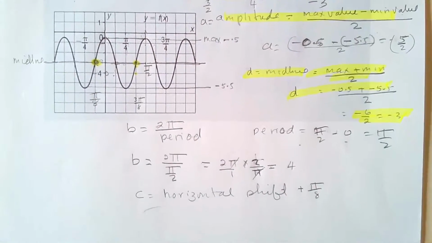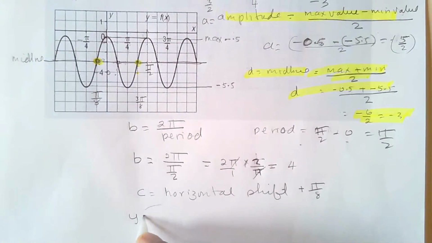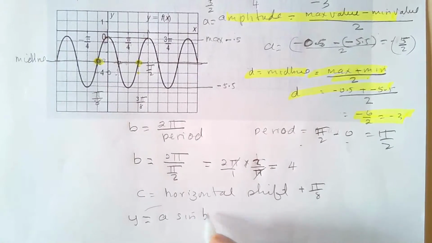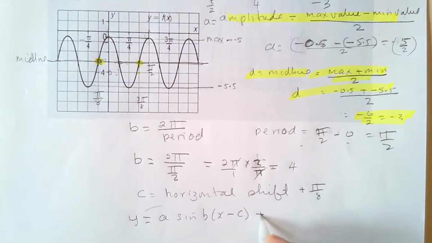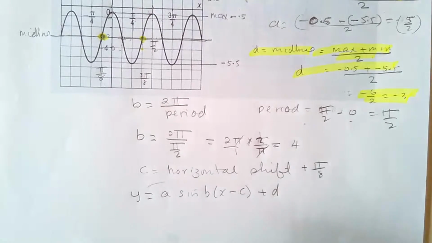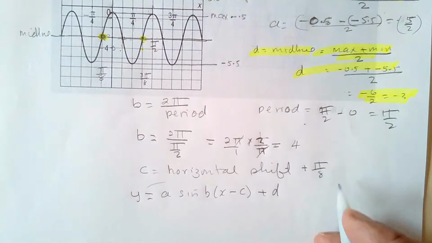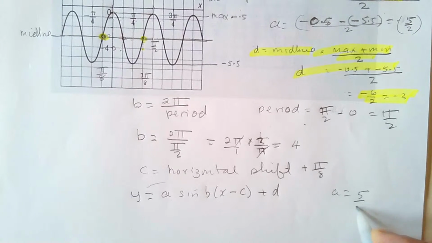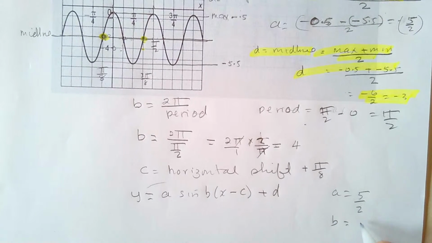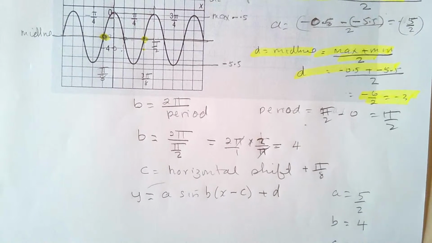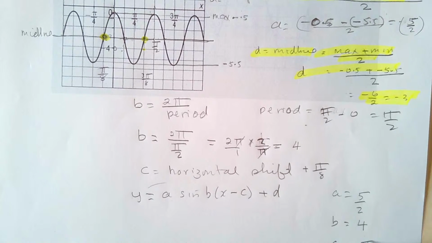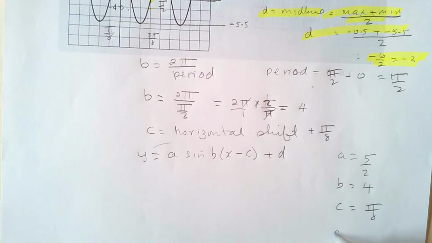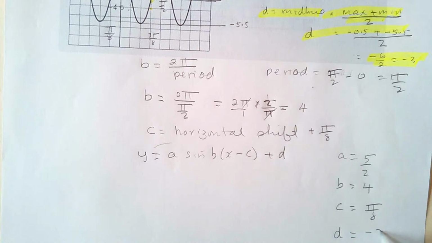So we can put all of this together. We can say y is equal to your amplitude a sine b into x minus c plus d. So we have a is equal to 5 over 2, b is equal to 4, c we'll use as pi over 8, and d as negative 3.